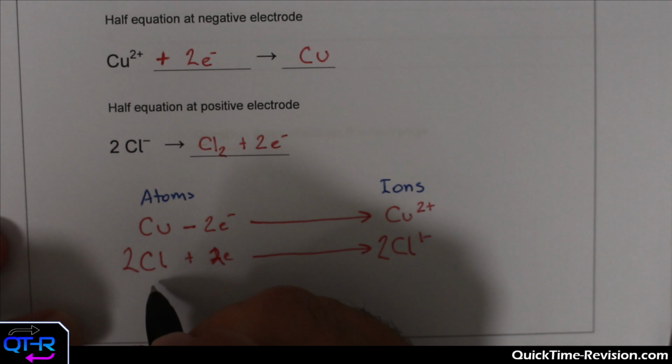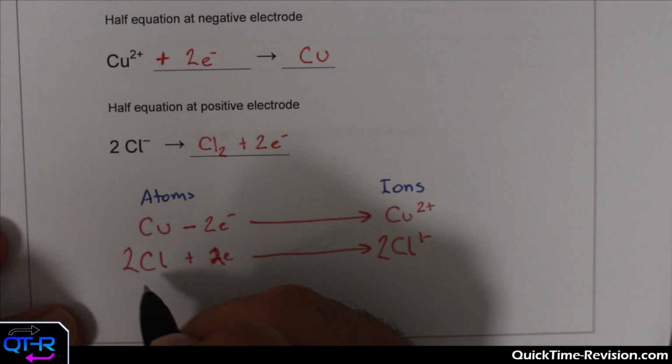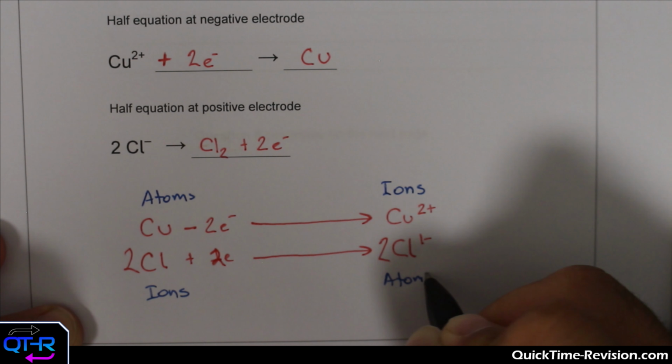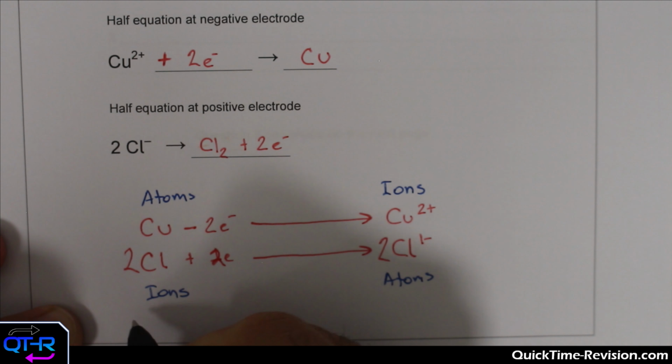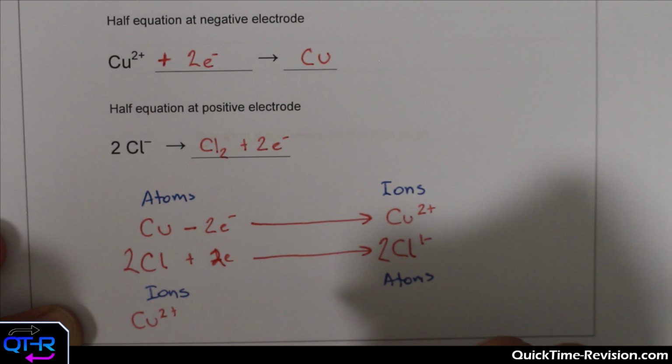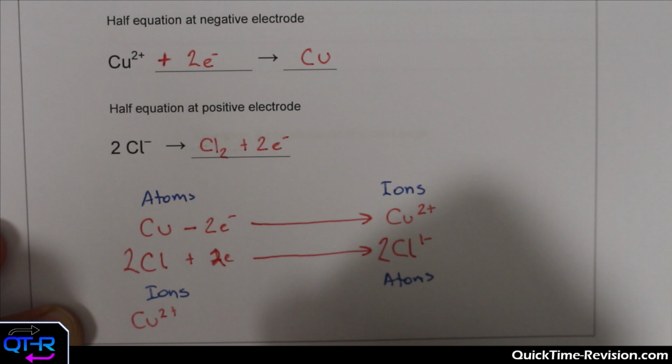So I'm going to swap this around. If I go from ions to atoms, if I have a Cu2+ ion and I give it the 2 electrons that it lost, plus 2 electrons, it's going to turn back into the normal copper.